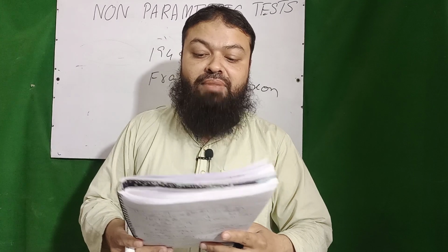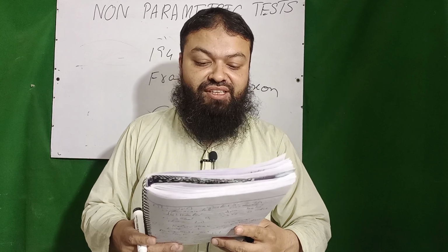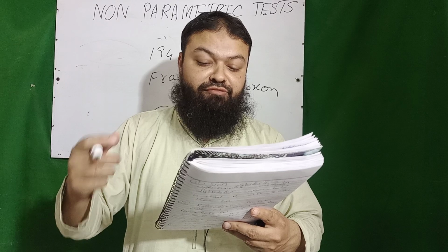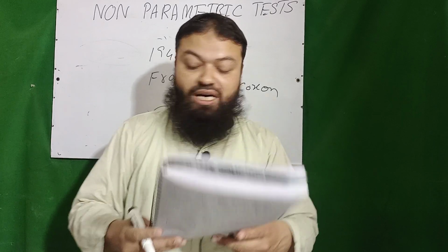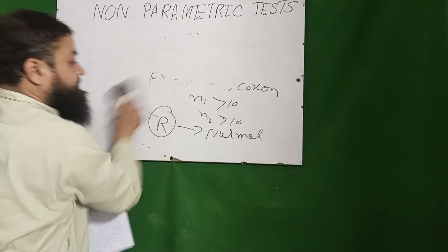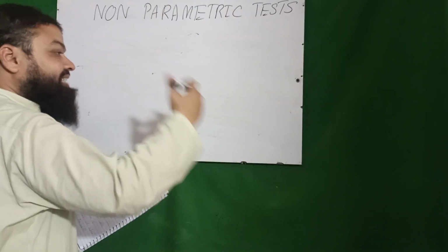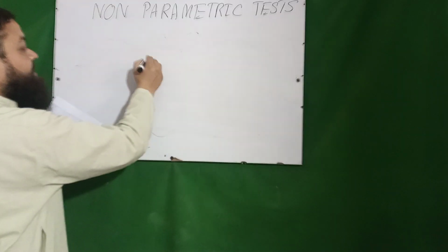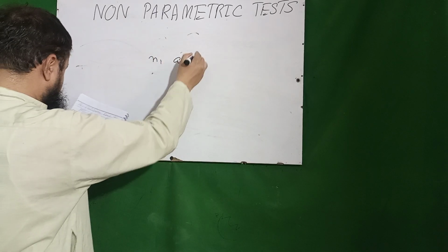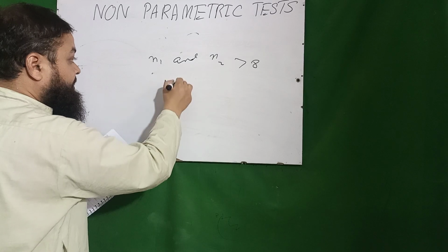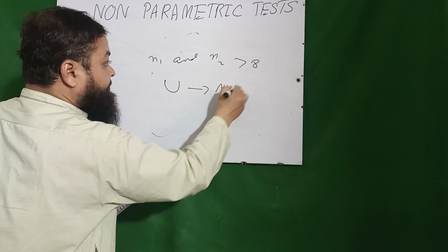Next question is, the Mann-Whitney U test statistic, which is U, is approximately normally distributed when n1 and n2 are greater than 8. The Mann-Whitney U test, which is the alternative to the T test for two independent samples, approaches the normal distribution when n1 and n2 are greater than 8.